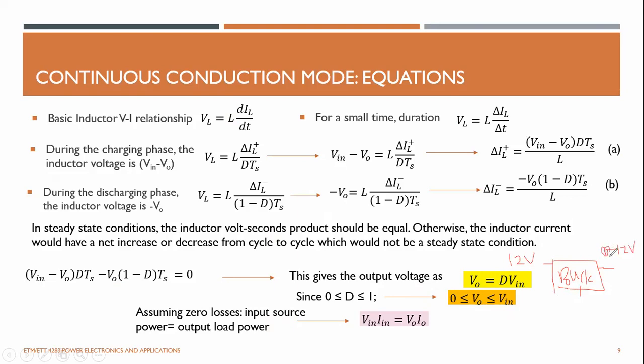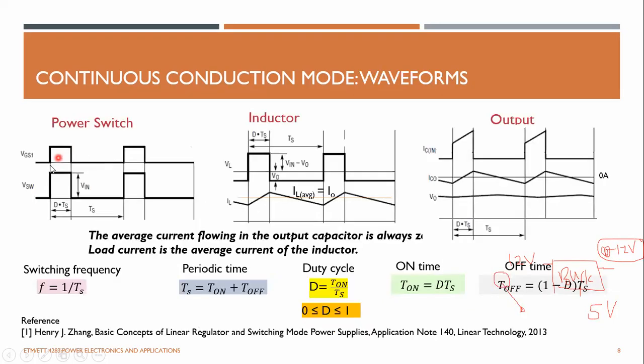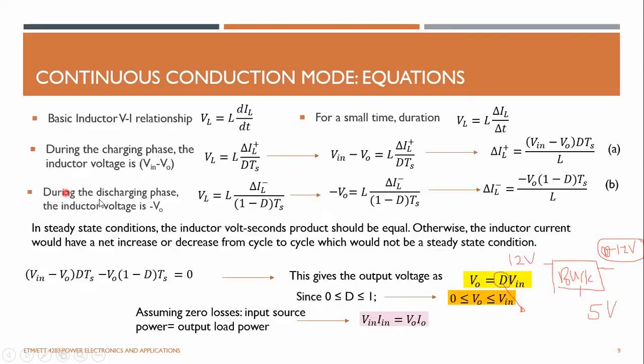You can design the controller to achieve any voltage from 0 to 12 volts. That's what is given by this equation, but you have to know which duty cycle you want. So if you want to achieve 5 volts, there's a specific duty cycle at which you should operate your buck converter. You can calculate that from this equation, and from your Arduino or anything, you can turn on the switch for that period, and then you can achieve this 5 volts.